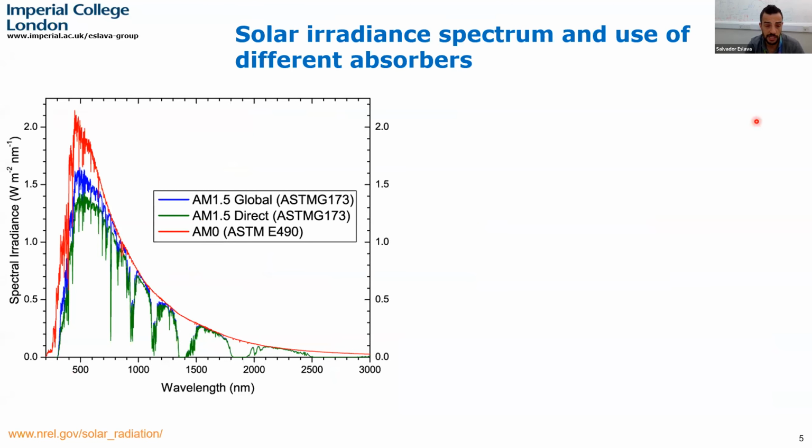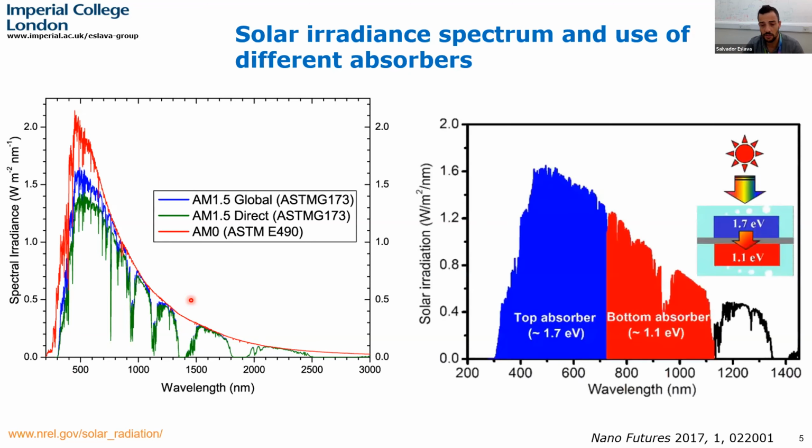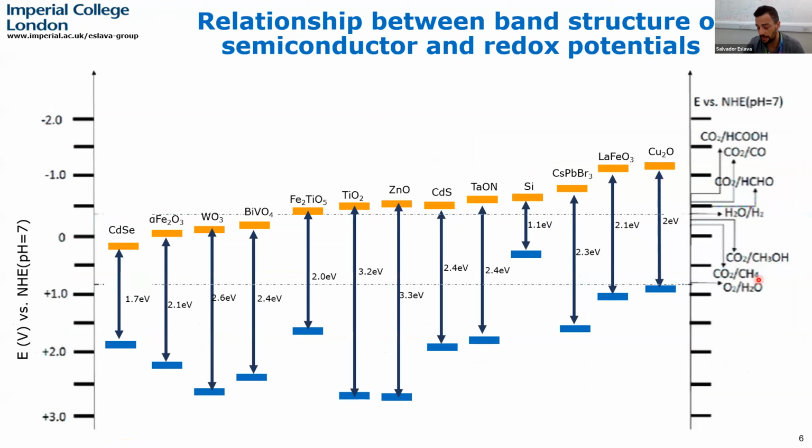The solar spectrum is quite wide. We have UV, visible, and infrared light. So the devices to absorb the solar light should have different bandgaps, and we should combine more than one semiconductor to be able to absorb the different parts of the solar spectrum. Here we can see different semiconductors that can be used in photocatalytic or photoelectrochemical devices, also in solar cells.